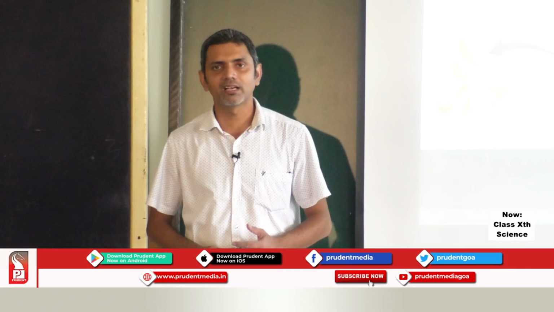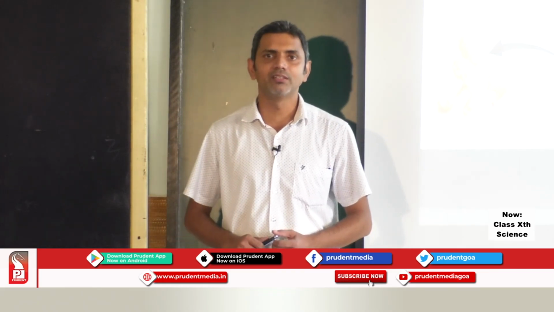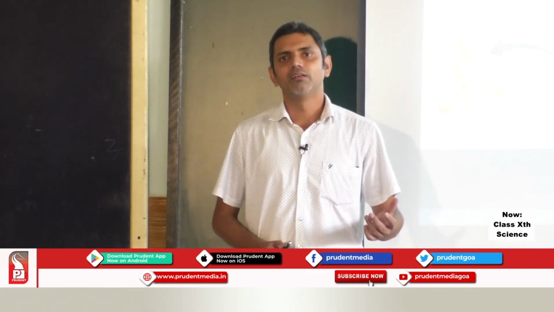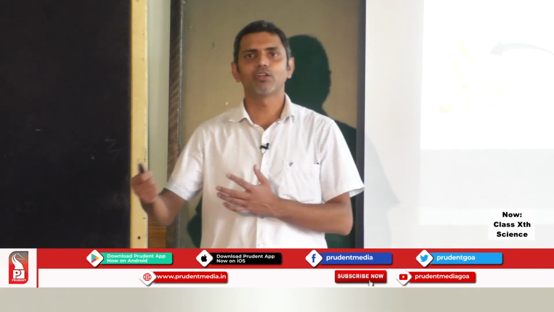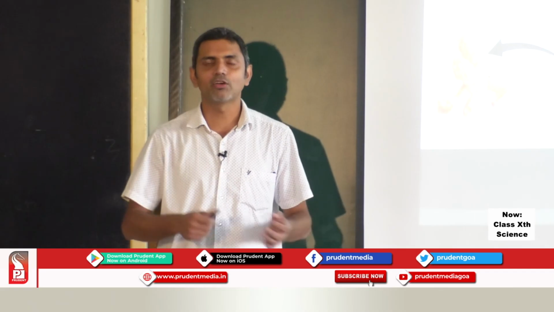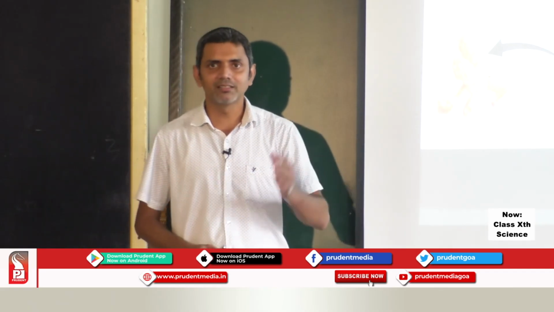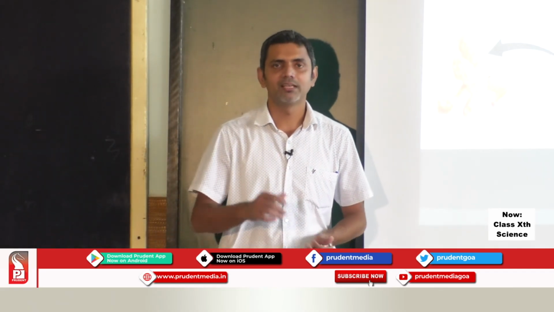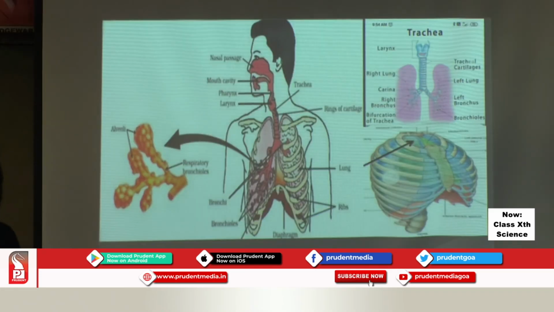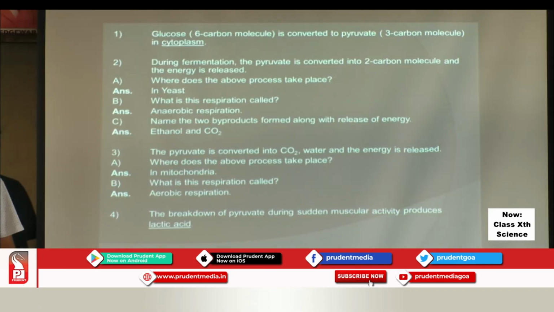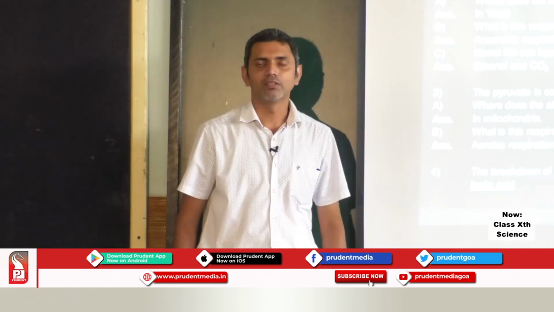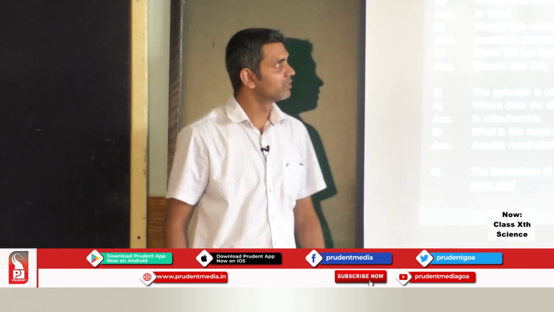We have learned the mechanism of taking air in, and then where that oxygen goes from the lungs. These are the things we have learned, and here are some questions based on the topics we have covered, respiration.